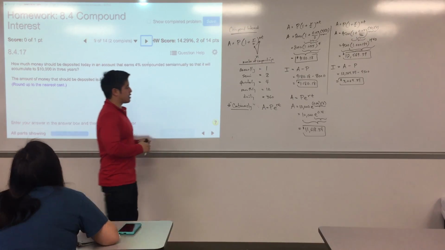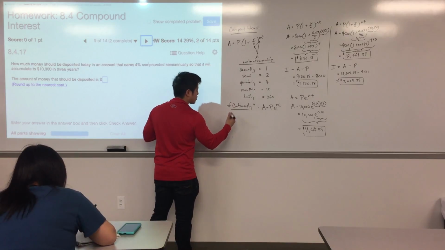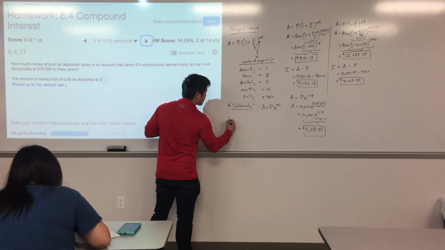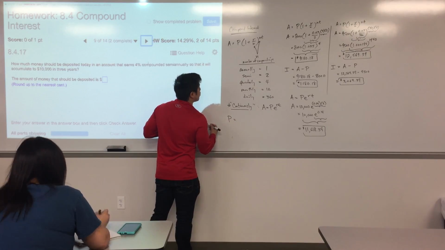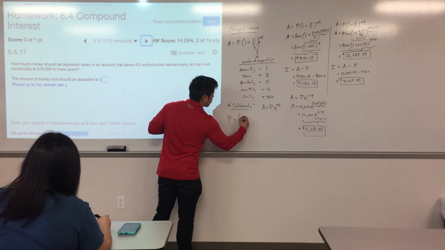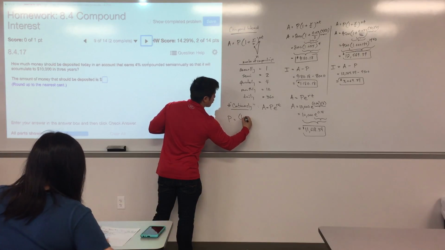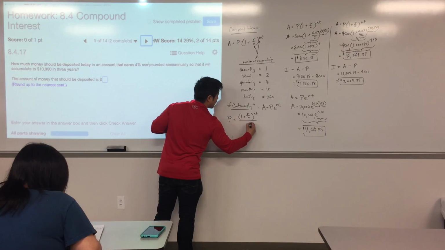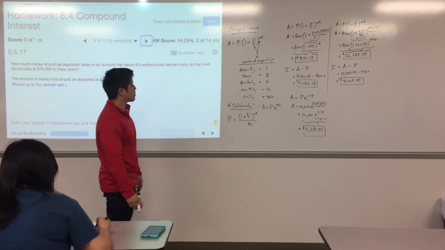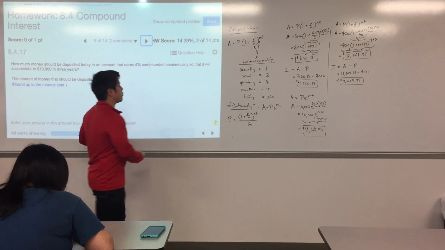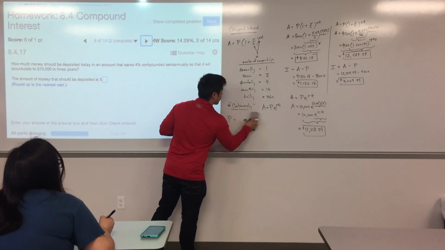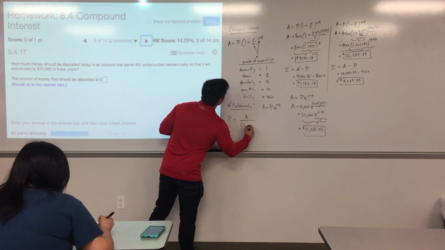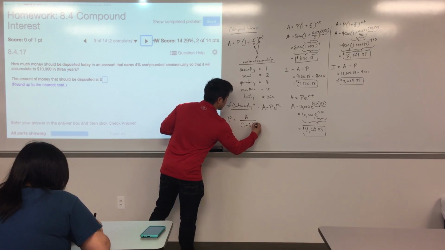In order to solve this, there's one last formula for this section. Well, actually, it's the third formula, and we have a fourth one. The formula is P equals A over 1 plus R over N to the NT.